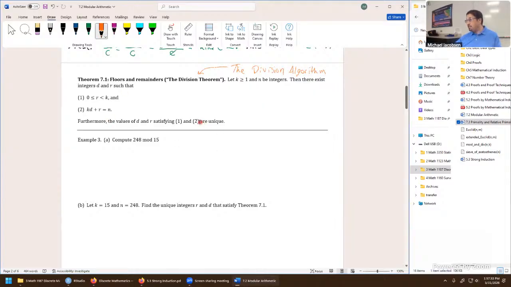Some of the most powerful parts of the division algorithm are the uniqueness itself, which is what makes this an incredible tool for the algorithms that we're going to develop. But let's start from the beginning. Also note, a floors and remainders theorem is another way to call this, or the divisions theorem. So these two things enter into the problem. But when you hear remainders, think modulus.